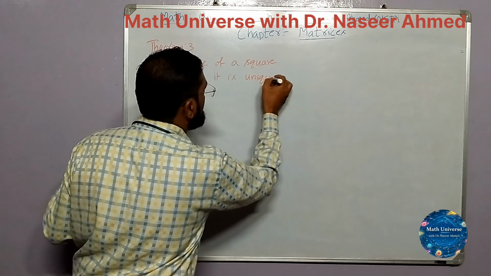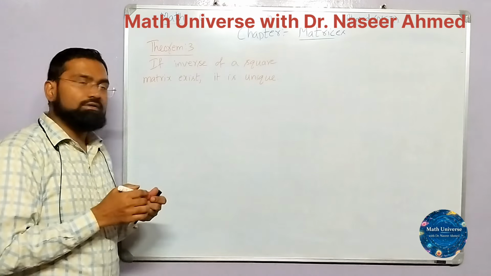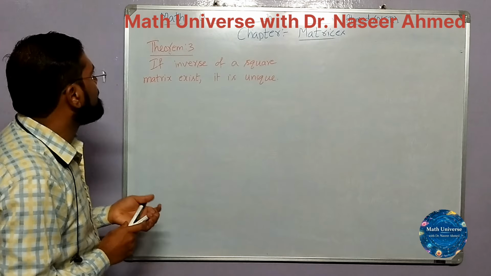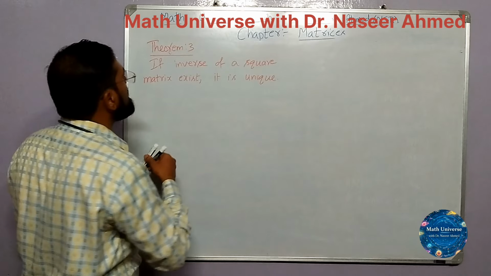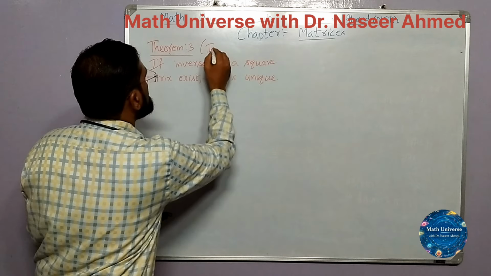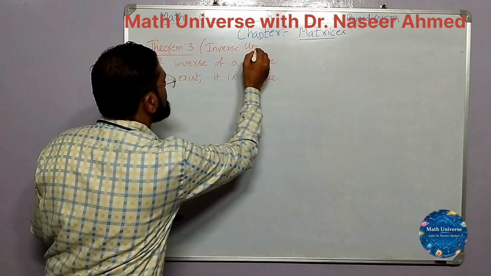Nothing but we cannot have more than one inverse for a given square matrix. So we can say this is inverse uniqueness.